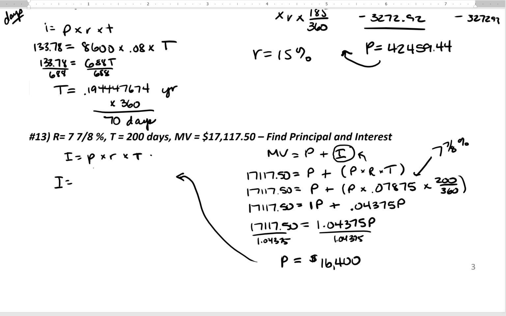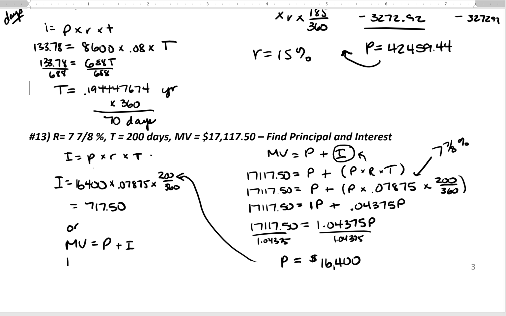Now I can work my way to solve for interest, because now I know my principal. So interest equals principal, 16,400, times rate 0.07875, times time, 200 over 360. And when I solve that out, I get 717.50. Or I could have solved it another way. I know that maturity value equals principal plus interest.